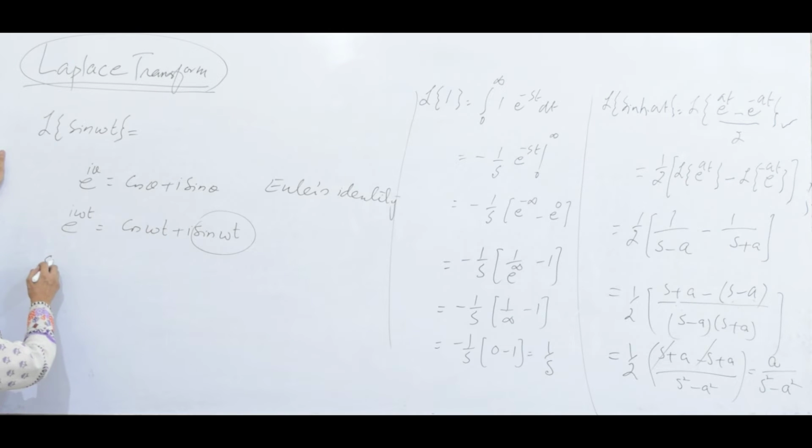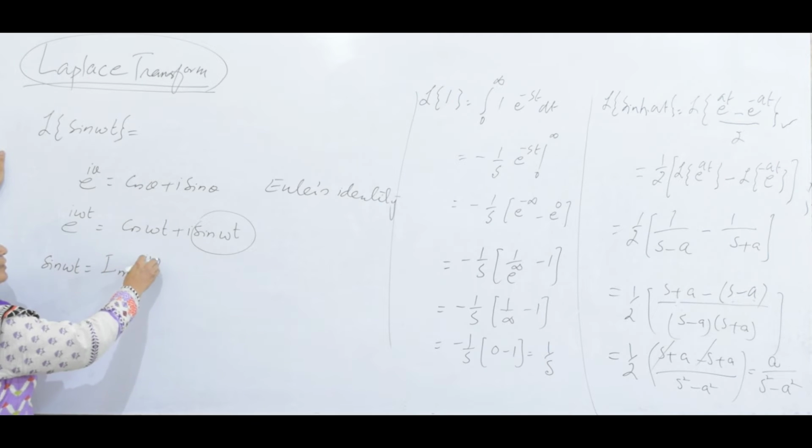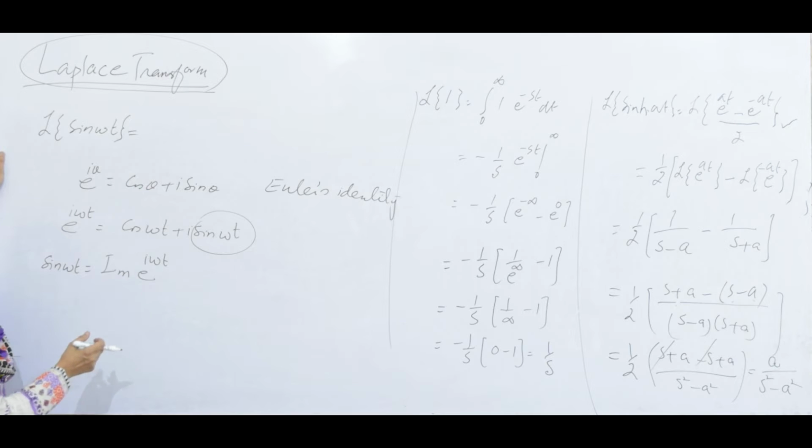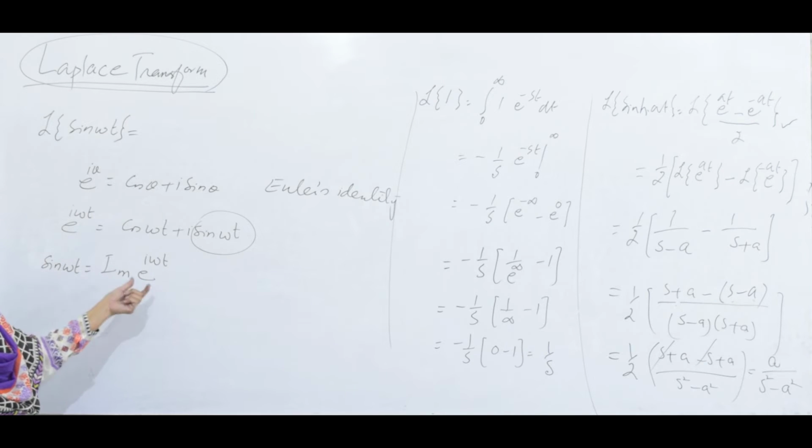So sin ωt is the imaginary part of e^(iωt).